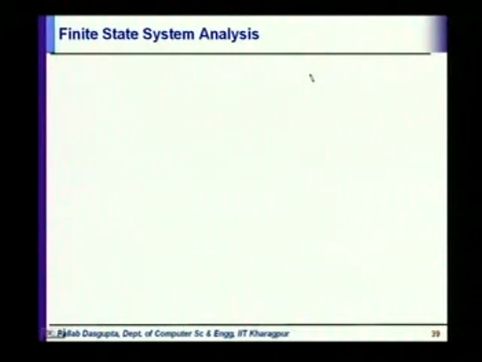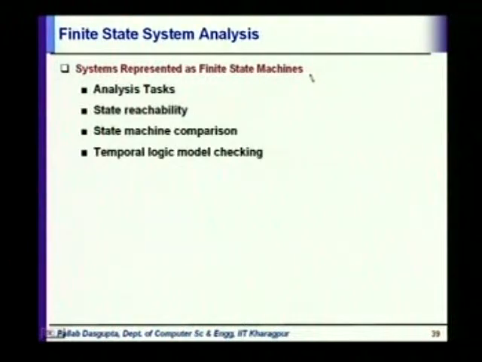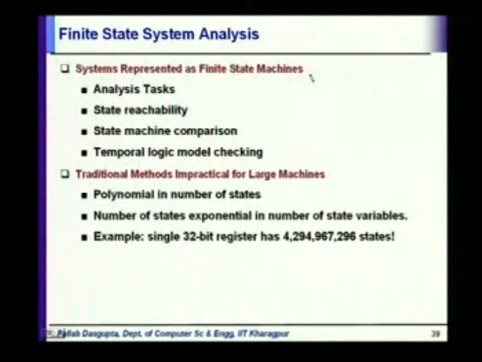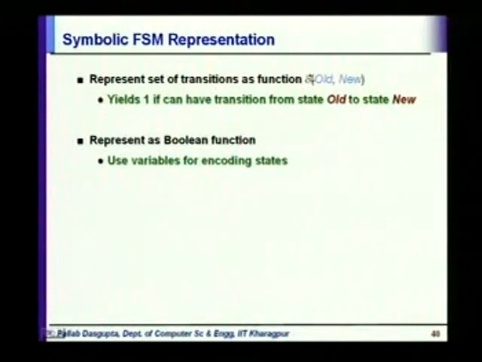Now what we are going to look at is how we can use BDDs to do finite state system analysis. So the system is represented as finite state machines. Let me just skip through the usage part and see how we can do it. What is an FSM? How do we represent a finite state machine? We know that BDDs can represent sets.